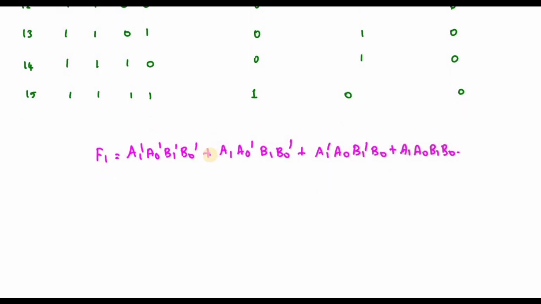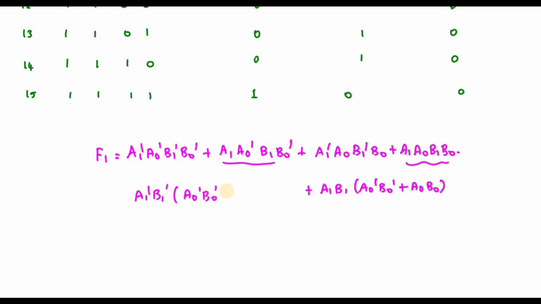Okay. In this I can take, so if we see these two, I can take A1 B1 common. If I take A1 B1 common, I will get A0' B0' plus A0 B0. From these two, if I take A1' B1' common, I will get A0' B0' from this one, and from this one I will get A0 B0.